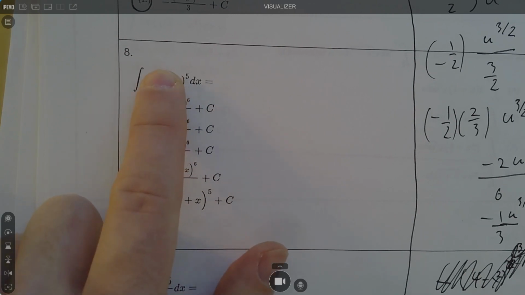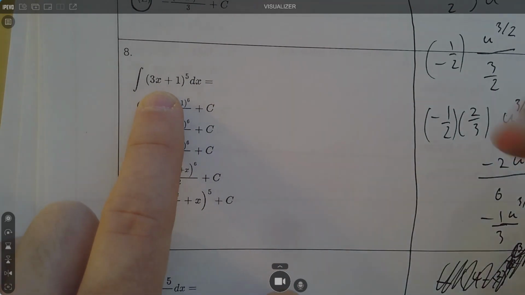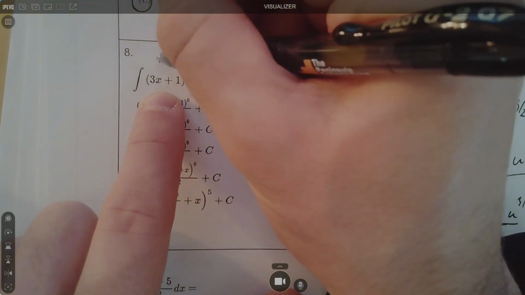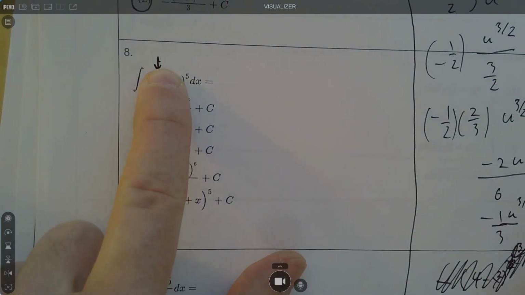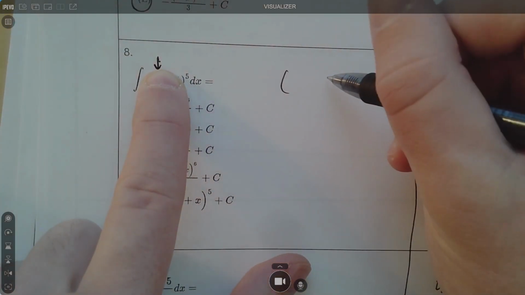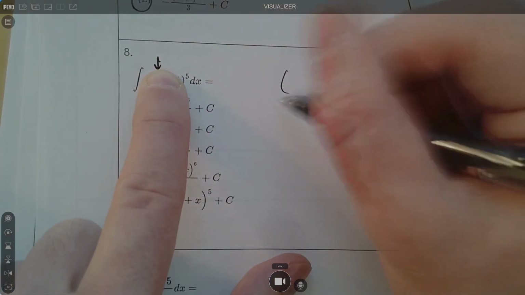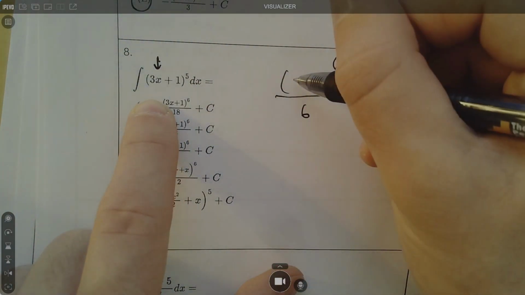What I want you to think of, since this is just an x, then this is only relevant when it's just an x. Okay, it's important. Think about something to the fifth power. What's the antiderivative of something to the fifth power? Well, it's just itself to the sixth power over 6, right? Okay, well, what was inside there? Well, it was 3x plus 1.